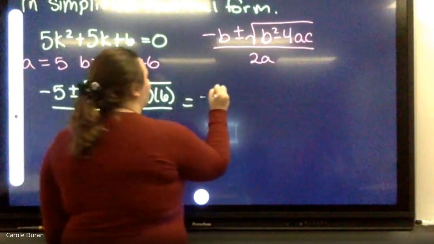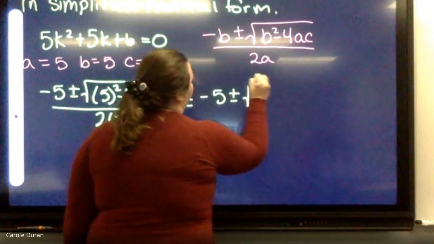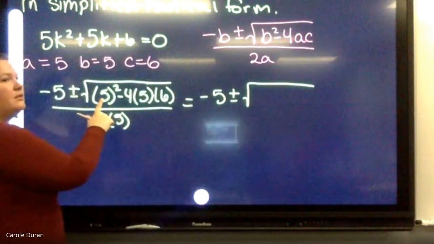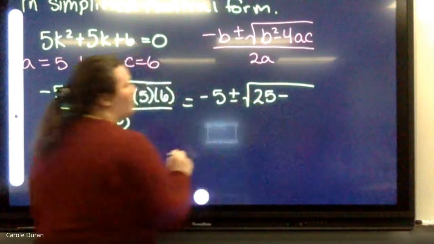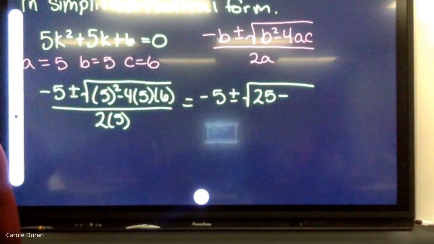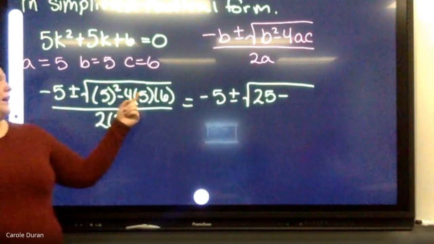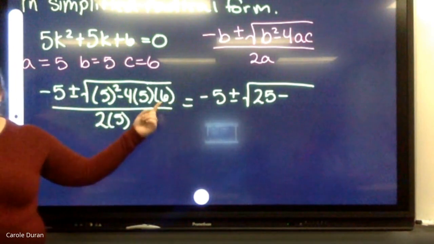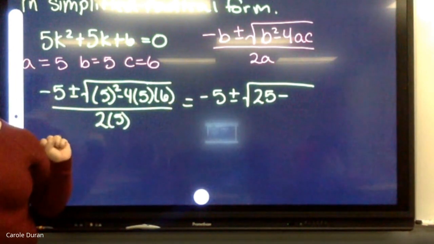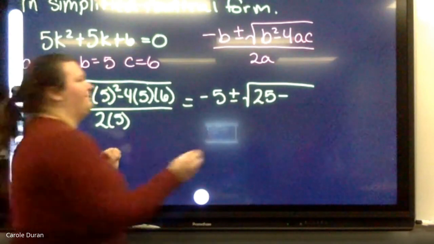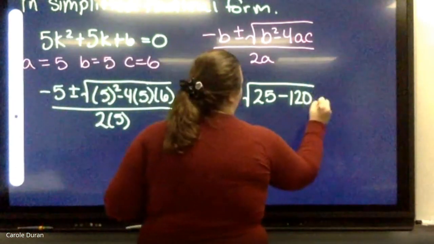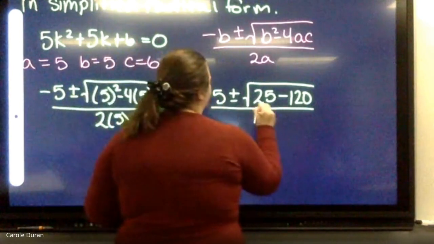I have -5 plus or minus the square root of 5 squared is 25, minus, we are paying attention, right? 4 times 5 times 6. What is it? 120. All over 2 times 5, which is 10.